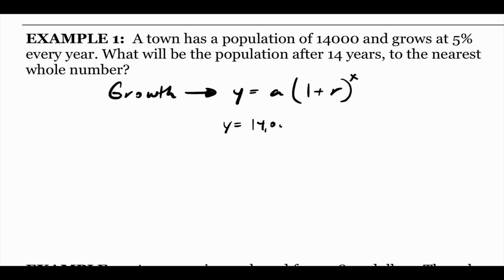It says right now it has 14,000 people. 1 plus r. R is the rate. What is the rate of increase? 5%, right? We have to change it to a decimal. Okay, so even though r is 5%, we can't write it like that. So what is 5% as a decimal?